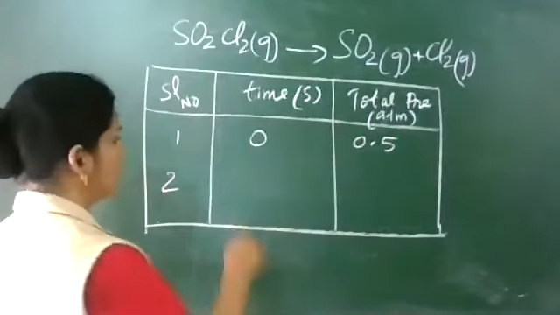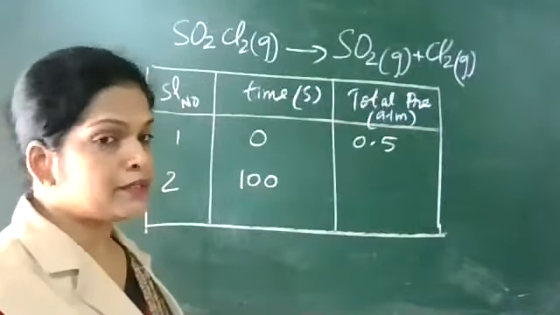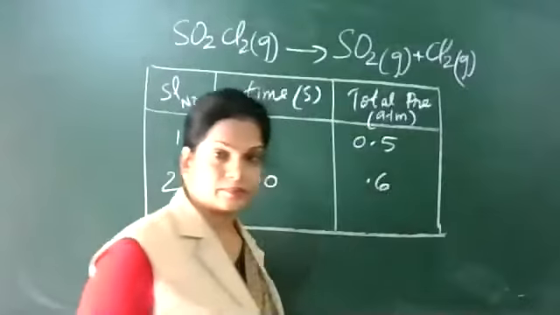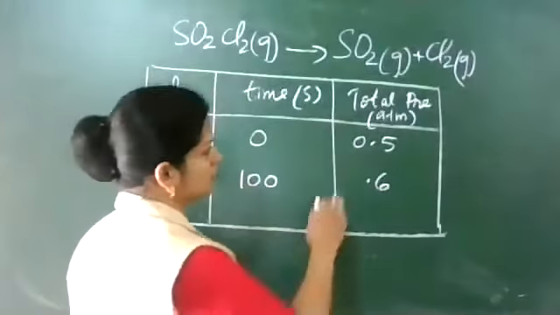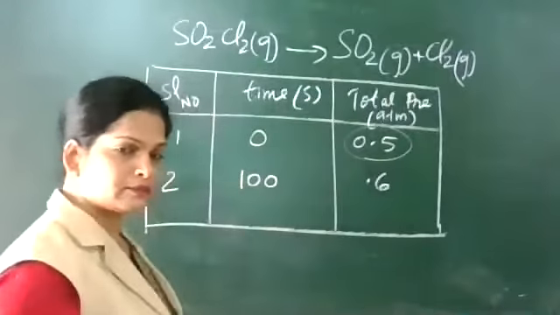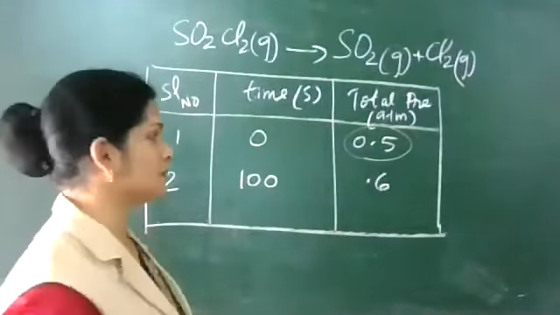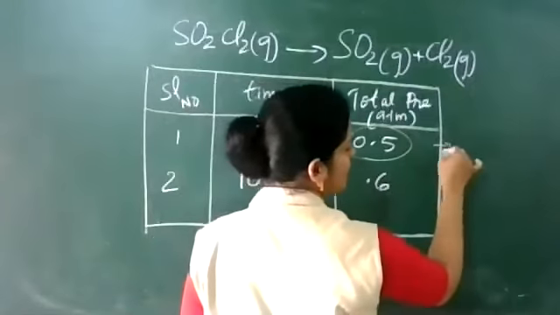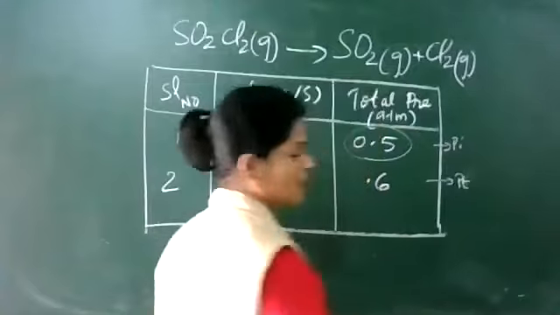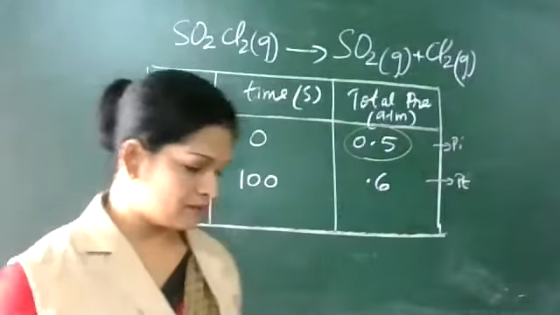Serial number 2: 100 seconds. When it covered 100 seconds, the total pressure is 0.6. This is Pt. At zero time, the total pressure is actually the initial pressure, so this is Pi, and this is Pt.